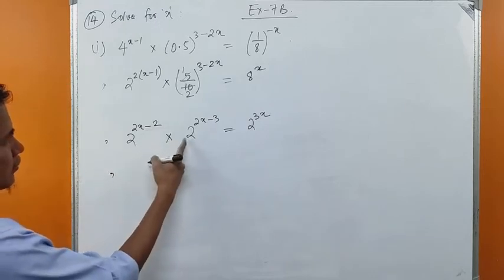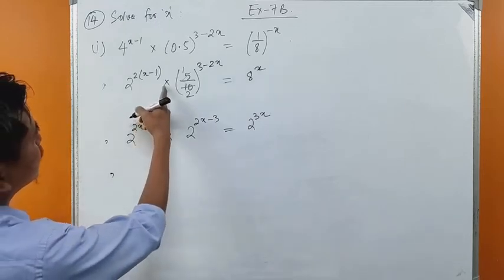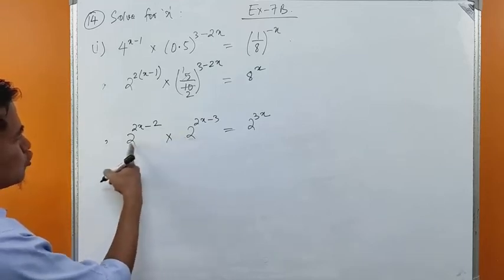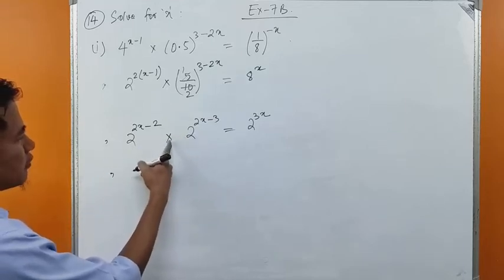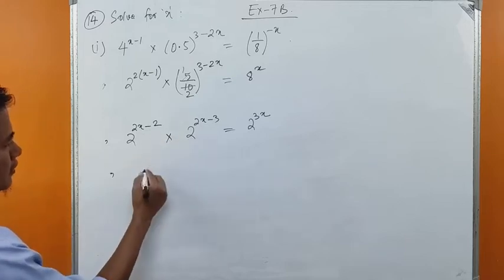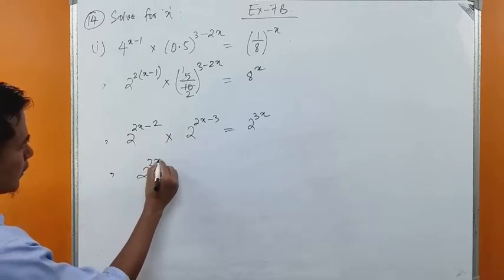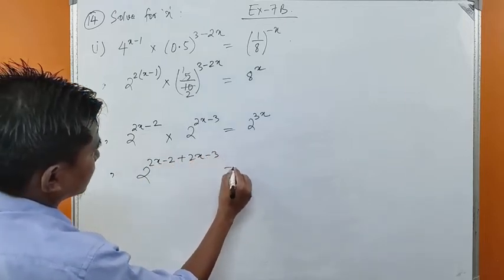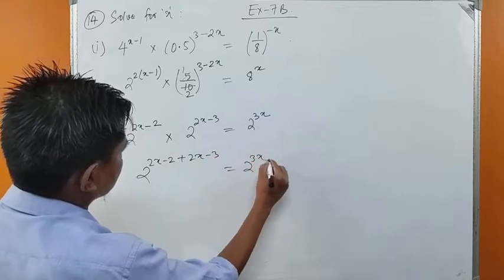So here we have into sign, isn't it? So you can see the two bases are equal and there is a multiplication sign in between them. That means their power should be added. So 2 to the power 2x minus 2 plus 2x minus 3 equals to 2 to the power 3x.